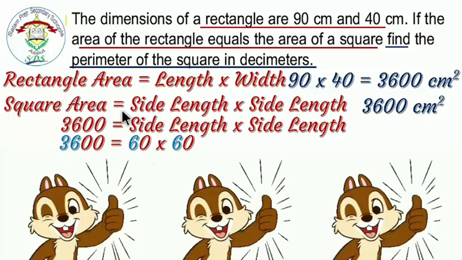Square area equals side length times side length. Given in our problem, rectangle area equals square area. So the square area is 3600 square centimeter.